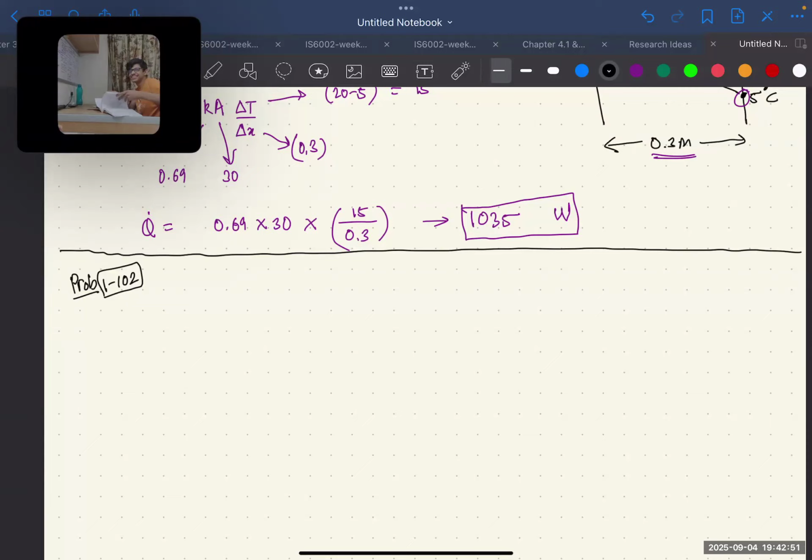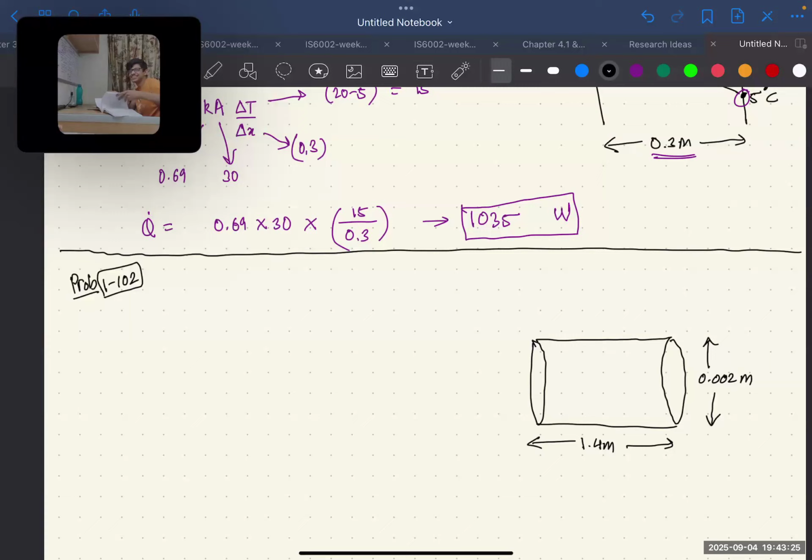Okay, so there is a wire. What is the diameter? It is 0.2 centimeters, which is 0.002 meters. Everything I want to keep in SI units. And it is 1.4 meters long.